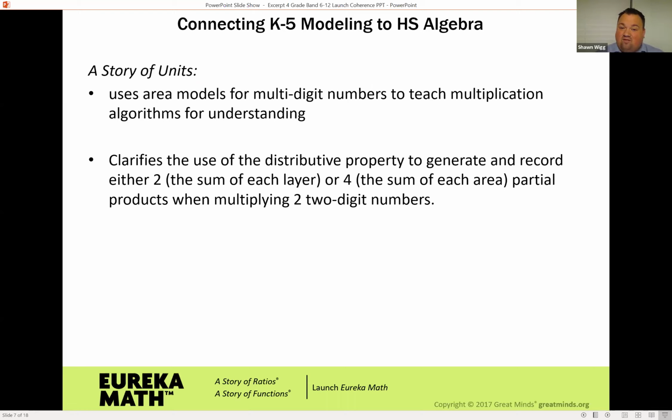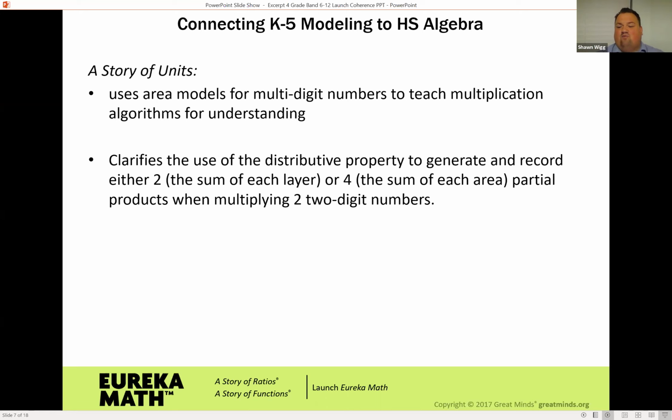What it also does is it clarifies the use of that distributive property, which we know is huge across mathematics. And it helps clarify that property to help them generate and record either 2, which is the sum of each layer, or 4, the sum of each area, partial products when they're multiplying two-digit numbers. So students are doing this regularly and consistently in the story of units to help build that foundation.